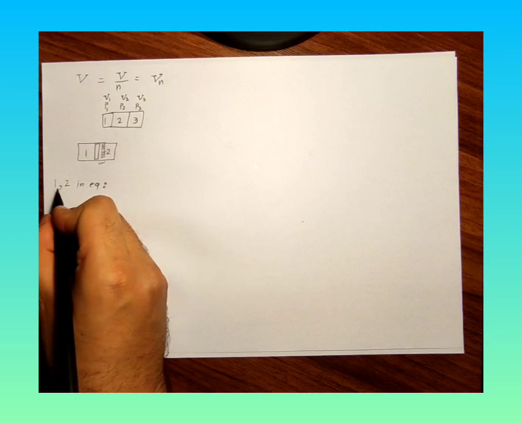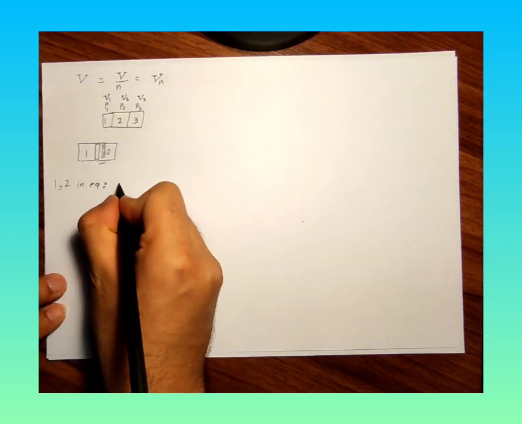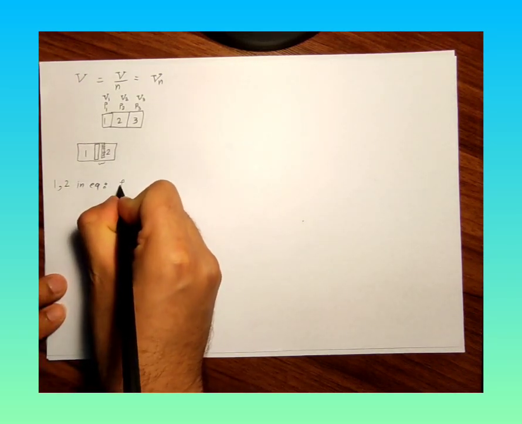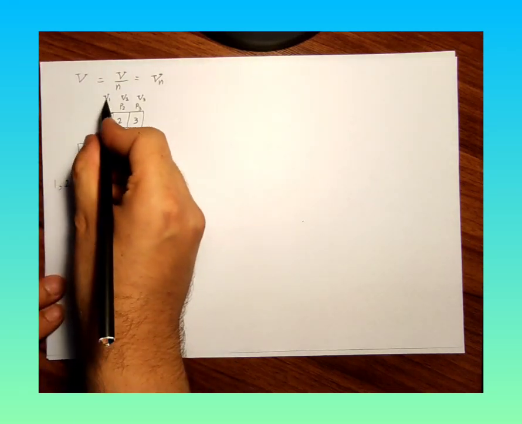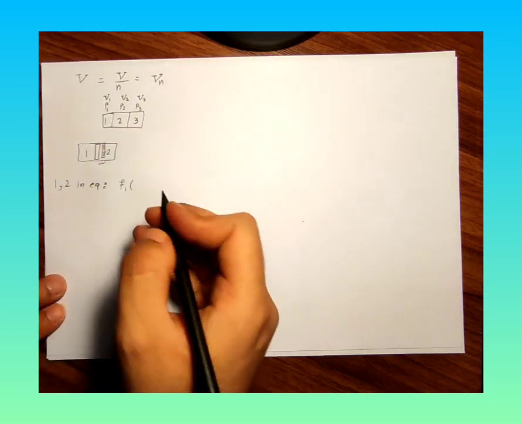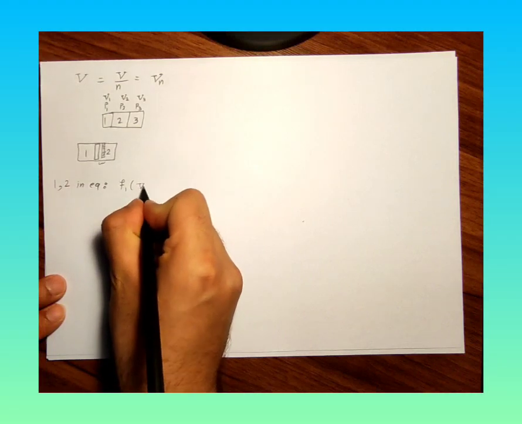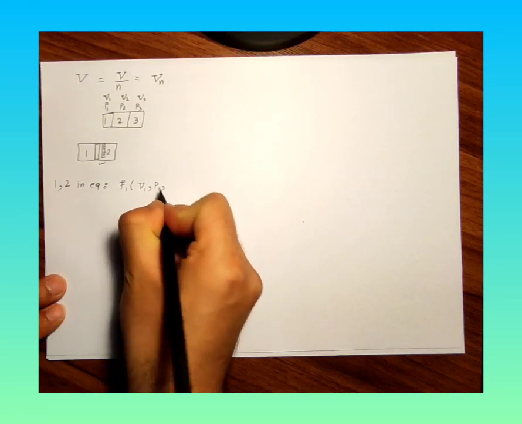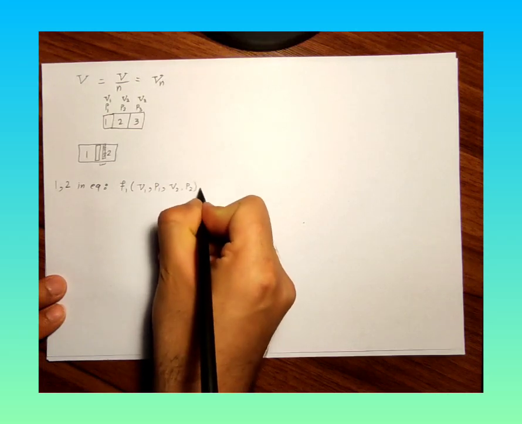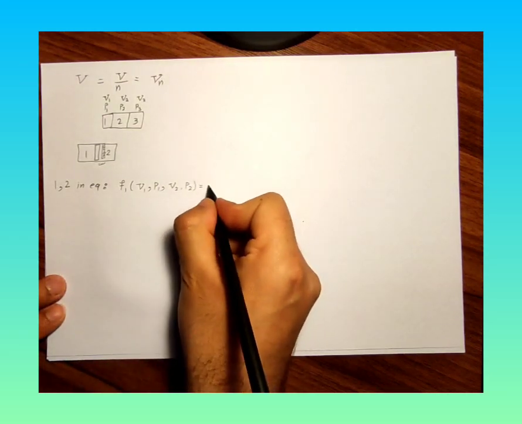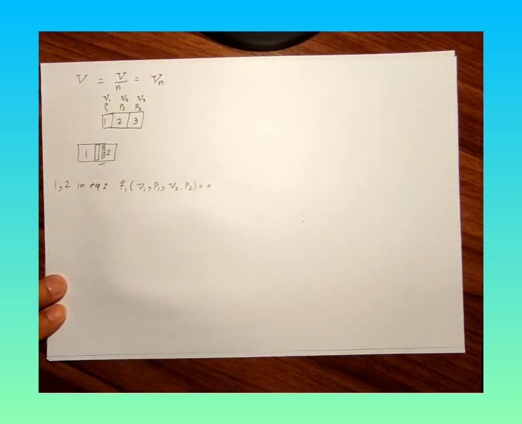When systems 1 and 2 are in equilibrium, we can find a relation between these quantities of the two systems. For V1 P1, V2 P2, we have a function F1 that sets this to 0.